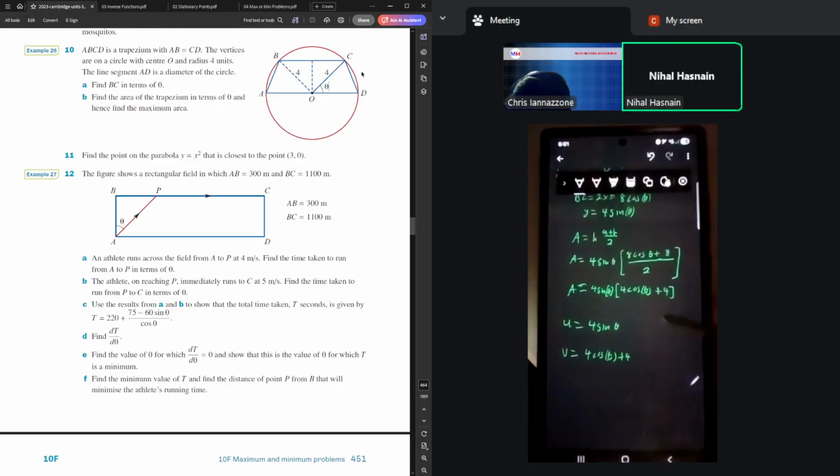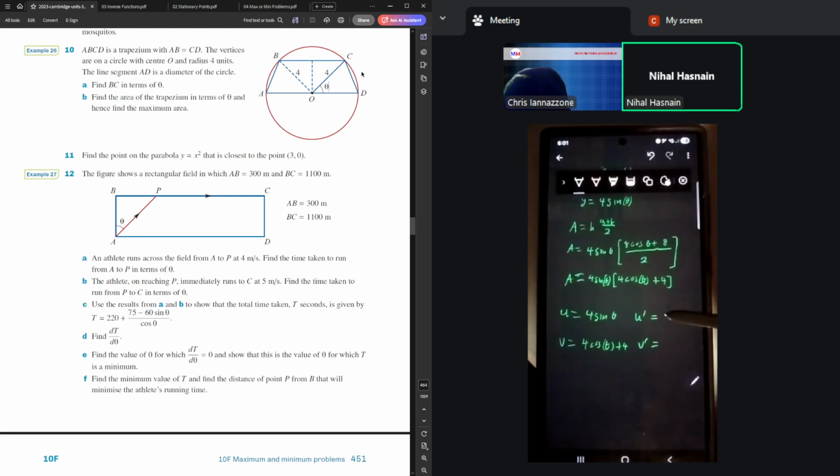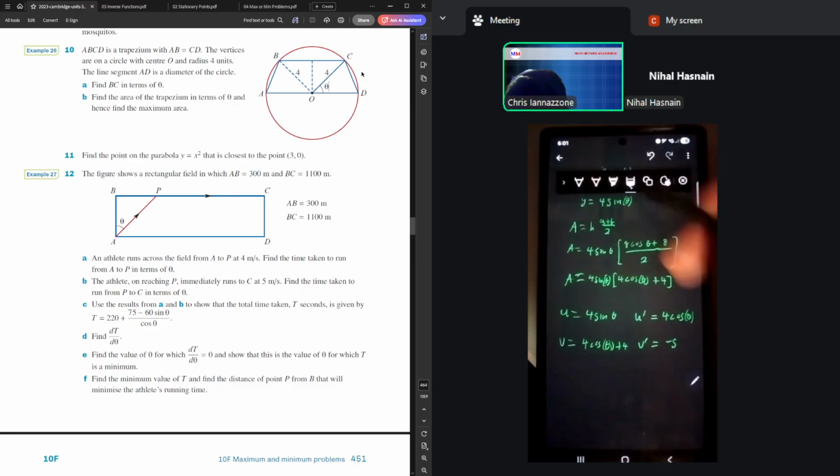The derivative of the first function is 4 cos theta. The derivative of the second one is negative 4 sine theta. That's it.